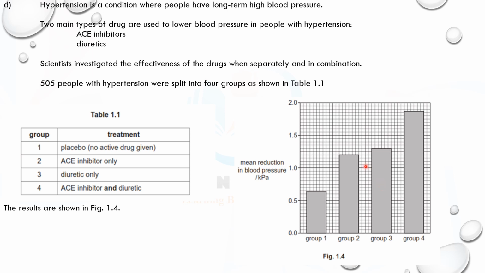If we're going to use group 4, it is the best to use because it gives the largest reduction. But why can't we use it, just the opposite side of it? Because there's no error bar to determine whether the differences are significant, and we don't have any statistical test to prove that this might be the best treatment.